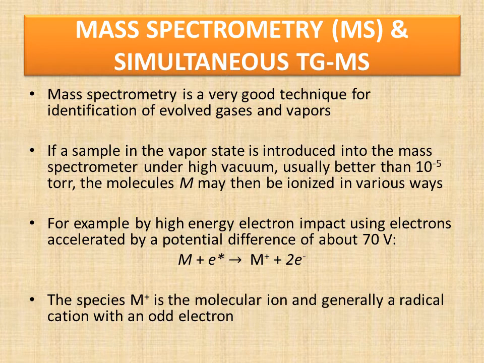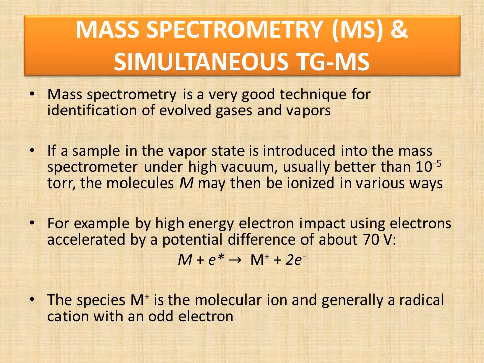So first of all, the sample is introduced into the spectrometer in the form of vapor, in the area which is under high vacuum, where the pressure is below 10⁻⁵ torr.